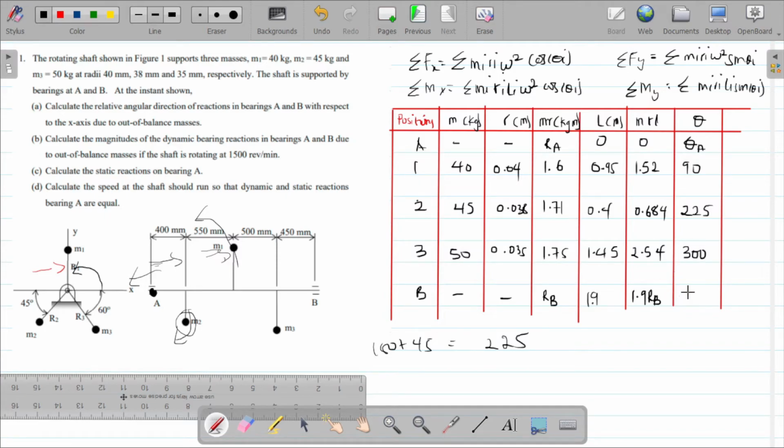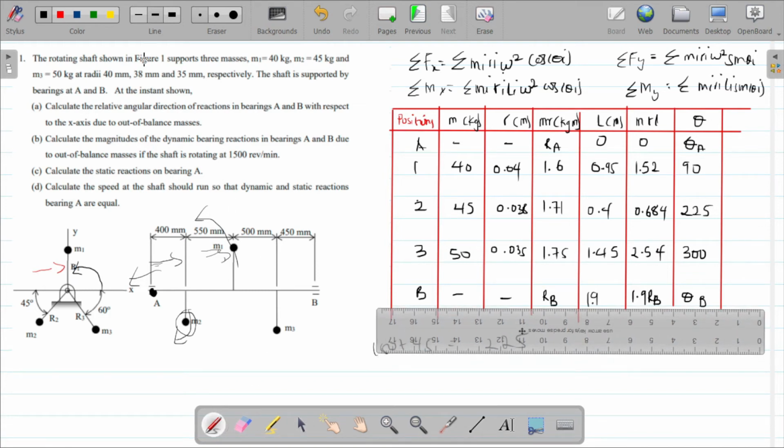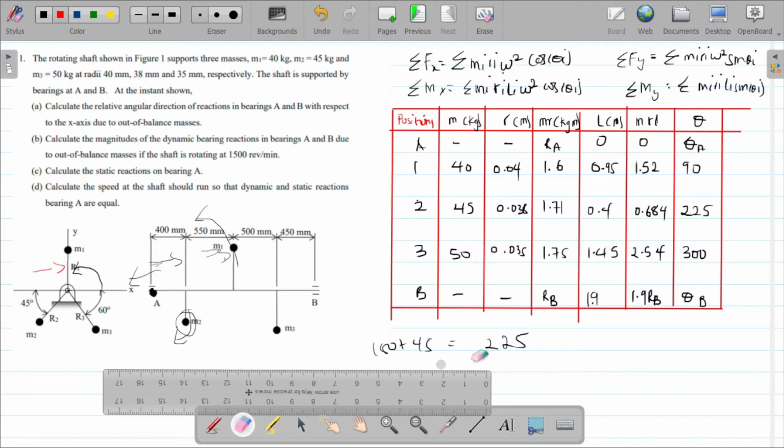And then mass 4, RB, we don't know, so theta B here. Okay, all right, so now we are done with the diagram.